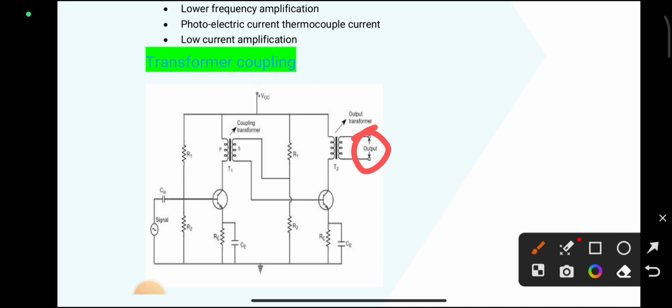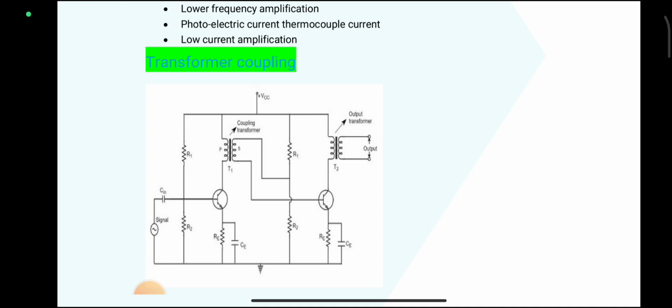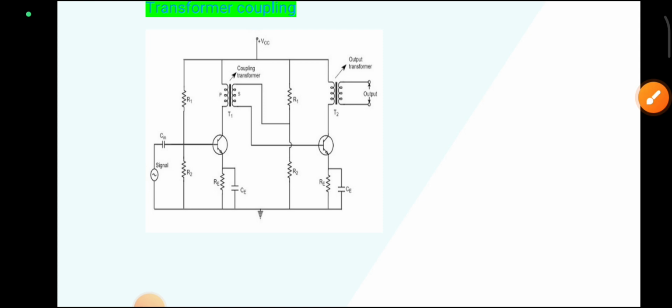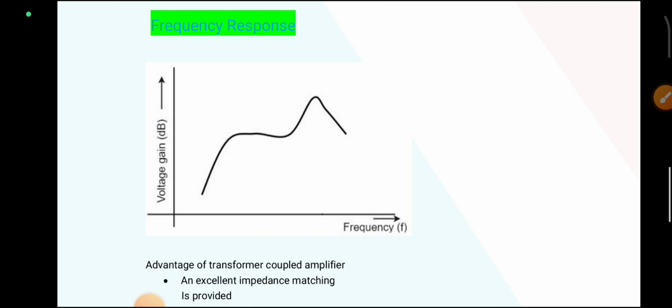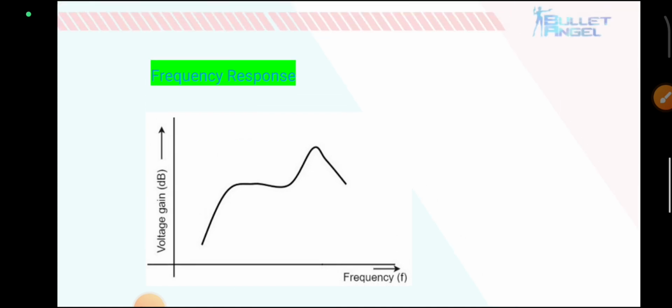Next, so this is the transformer coupling. Next, the frequency response. It is a graph between frequency and voltage gain, with voltage gain along the y-axis and frequency along the x-axis. When the frequency increases, the output voltage also increases, so the gain also increases.